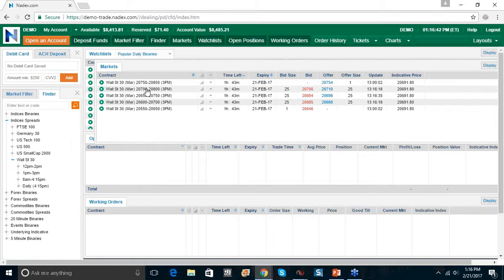The floors and ceilings are determined a minute or two before the new ones pop out, right where the market is. If you have 100 pip spreads, then wherever the market is right then, they make a spread. So if the market's at 20,700, they make a spread that goes up 100 from 700 to 800, then a spread that goes down 100 from 700 to 600, and then one right in the middle, another one on the top, another one on the bottom.